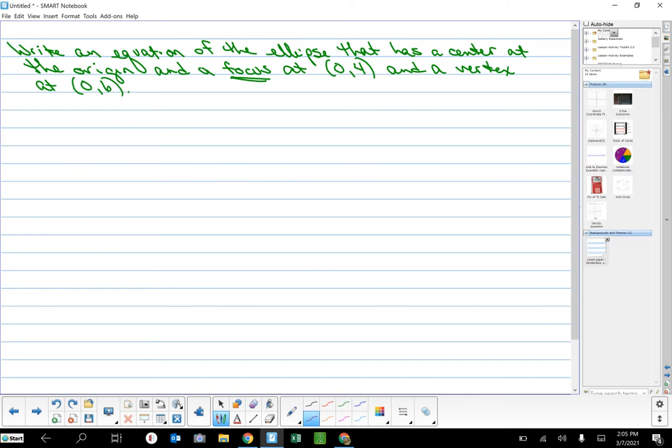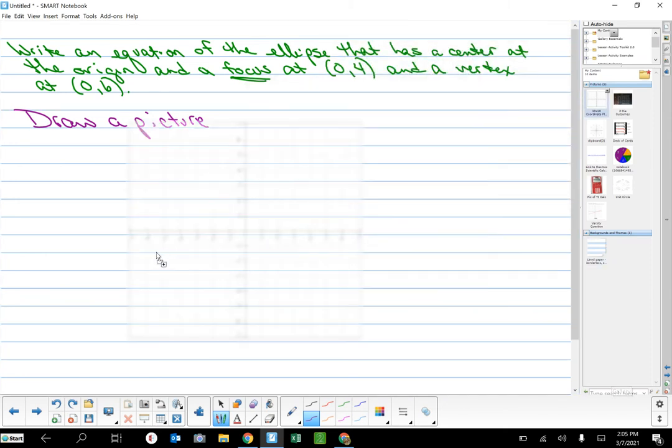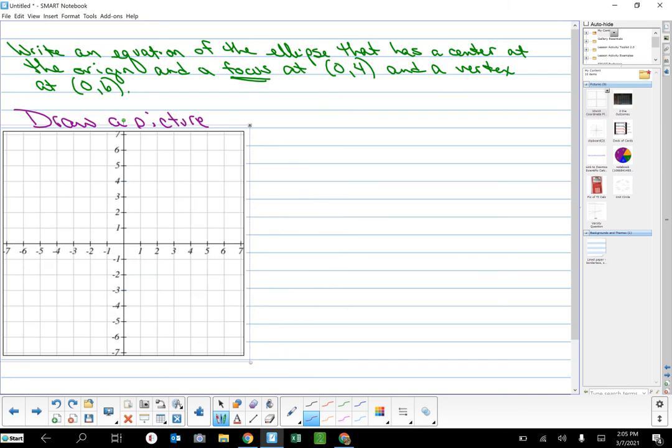So the best thing that I would tell you is to draw a picture, because that will give you some information. So I'm going to throw a coordinate plane on here just to help us. And here's what we know. We know the center is at the origin, right? Which means the center is here.